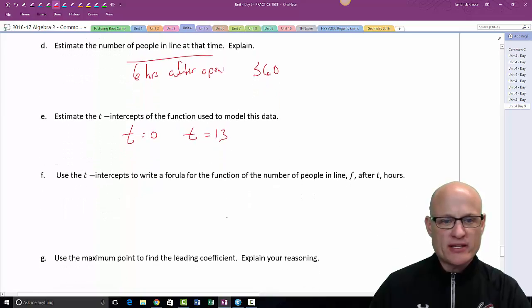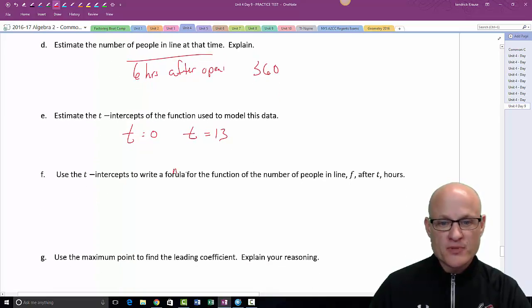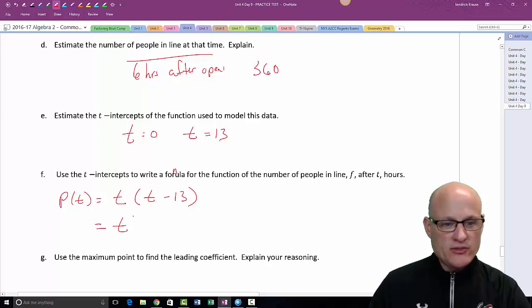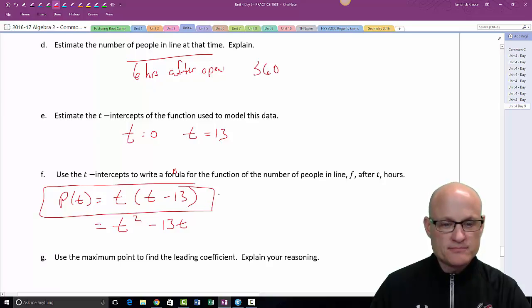Use the t-intercepts to write the formula for the number of people in line. So P of t is equal to t times (t minus 13), or in other words, t squared minus 13t. Remember, these are the roots. I would just leave it like this. This is fine. Perfect.